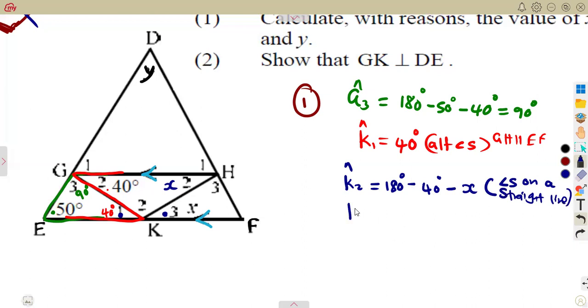So sometimes it's necessary to have all these steps. Let's subtract 180 minus 40. These two are like terms. That was going to be 140 degrees minus X. So this is 140 degrees minus X like this.